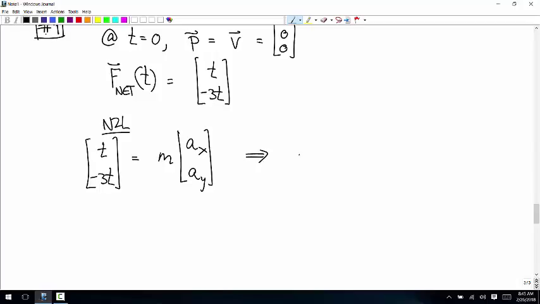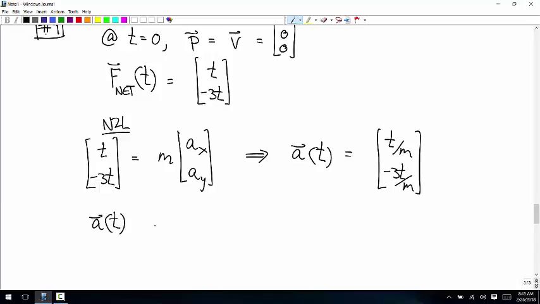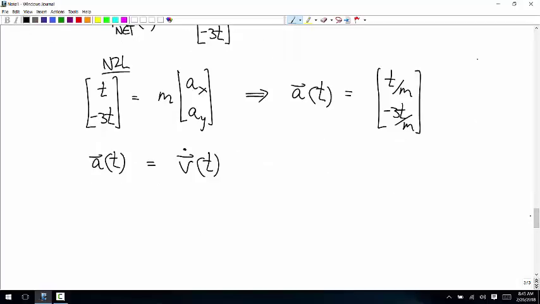And so the acceleration vector as a function of time is t over m for x, negative 3t over m for y. And we know that the acceleration vector as a function of time is the time derivative of the velocity vector as a function of time.